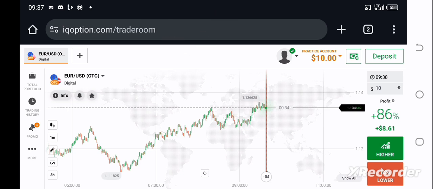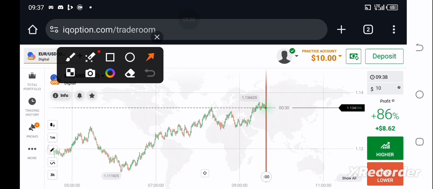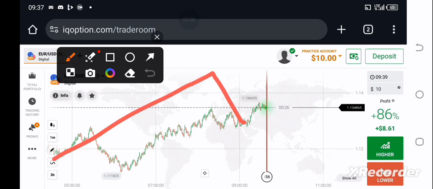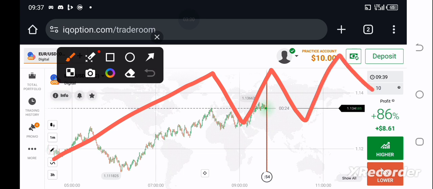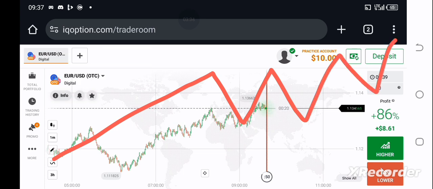Retracement, like the market retraces, it drops, because the market doesn't move in a straight line like this. It moves in waves like this. This is how the market moves. It doesn't move in a straight line.